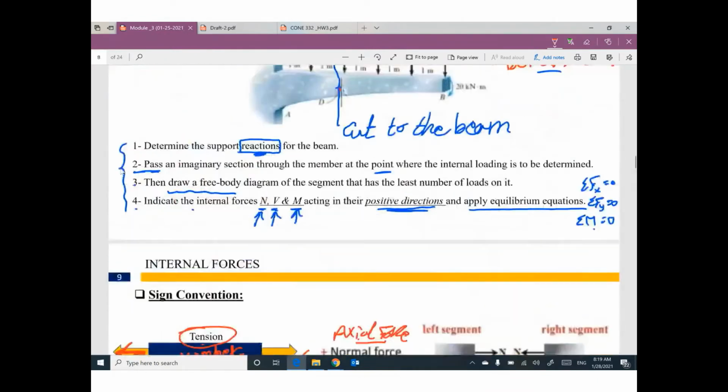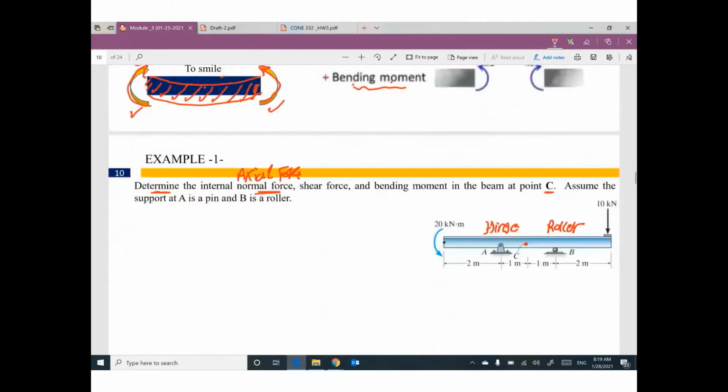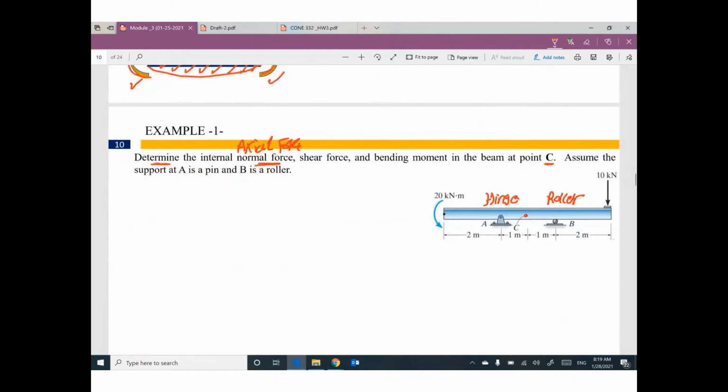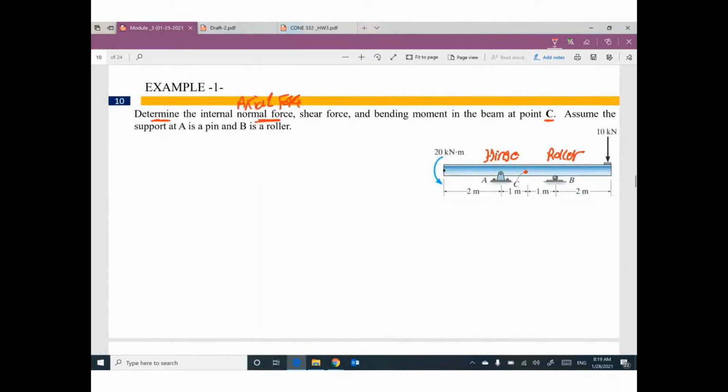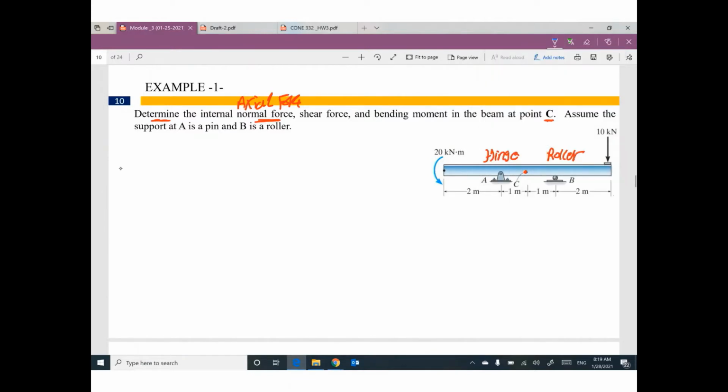We will do these 3 steps. My question is, did the problem ask for reactions? No. However, the first step for this problem, we need to determine reactions.